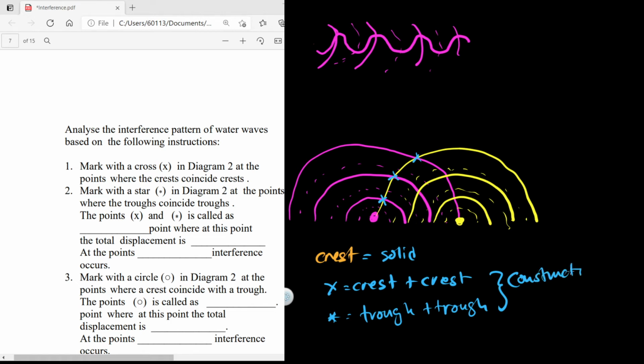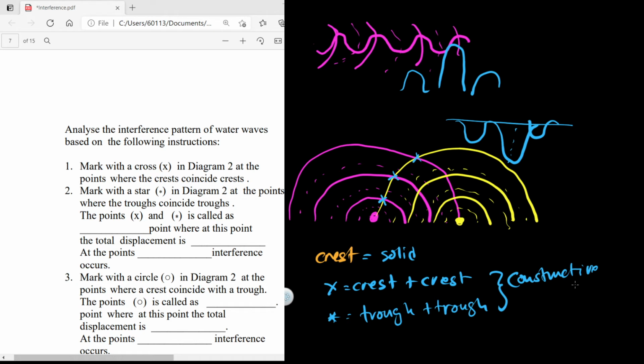Let's recall, crest meeting crest will produce constructive interference, or trough meeting another trough will produce constructive interference, but on the other side of the equilibrium line.